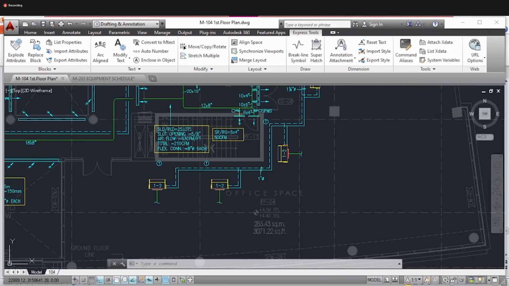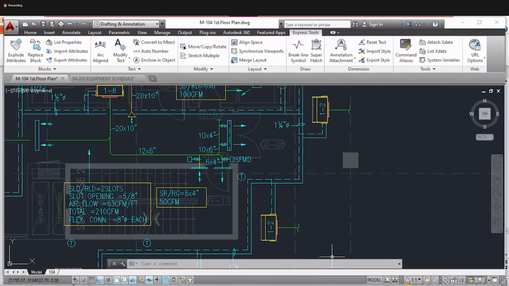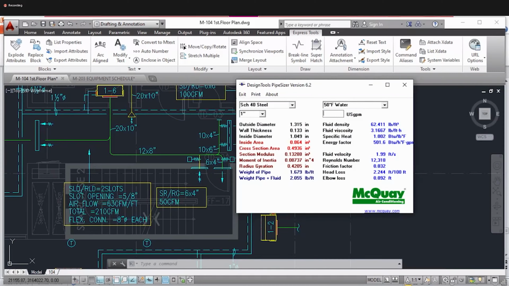For 3 units it's 8 GPM. We get fluid velocity 2.9, which is within limit, but the head loss is 4.68, so it's exceeding our value.